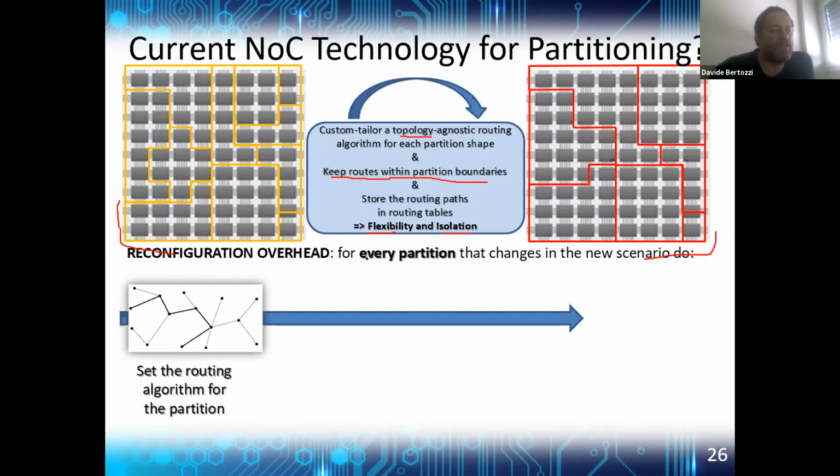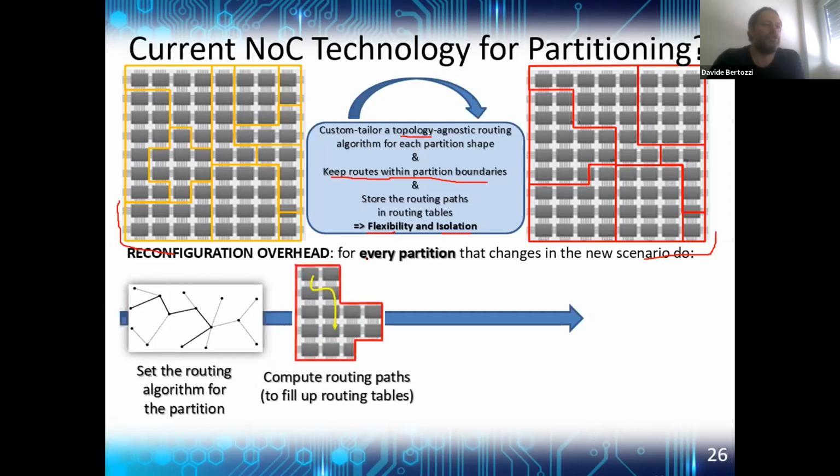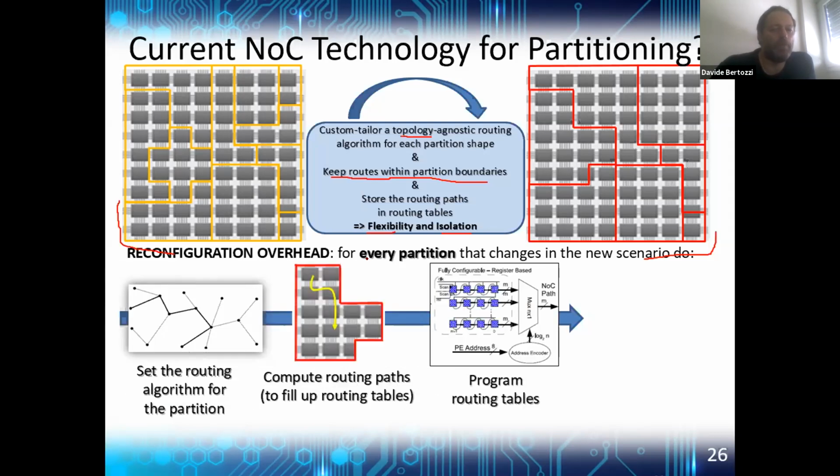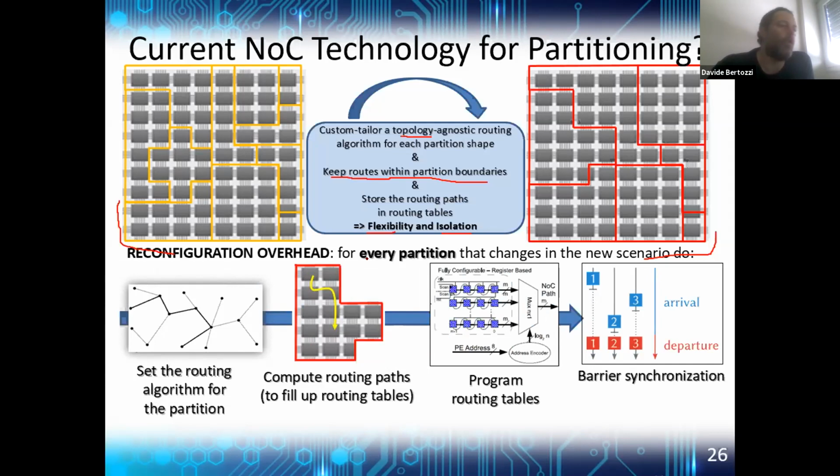Then they enforce some routing rules throughout the spanning tree. The second course of action is to compute the routing paths, based on this customized topology agnostic routing algorithm. This way you derive the information to populate the routing tables that need to be programmed. And finally, once all routing tables of your new partition have been programmed, you can resume execution.